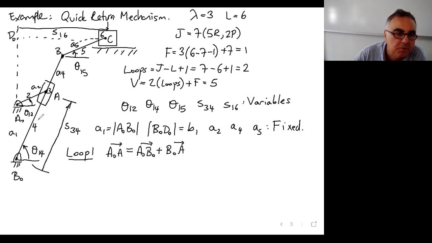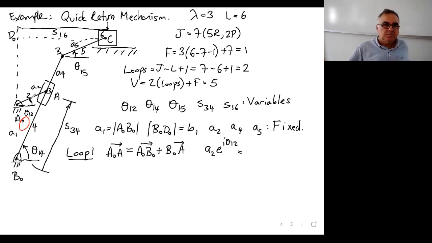That's one loop. So I can write it in complex number notation as follows. A0A is A2 e to the i theta 1, 2 equals.